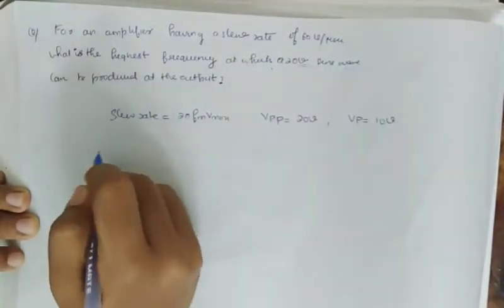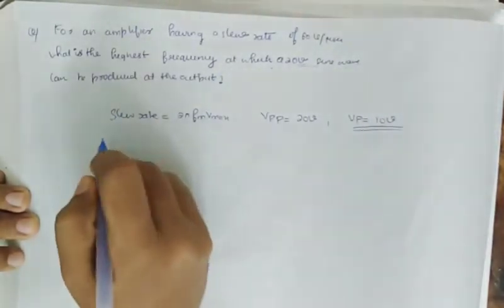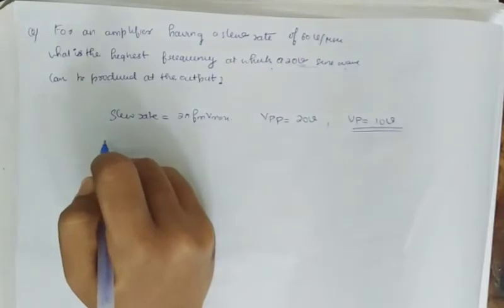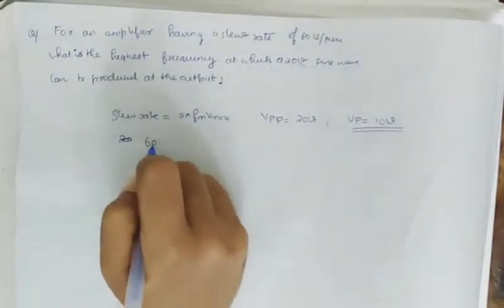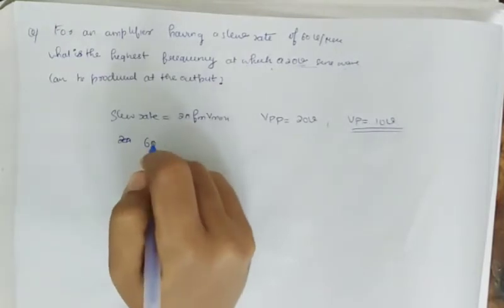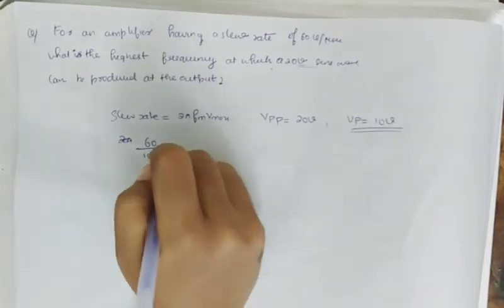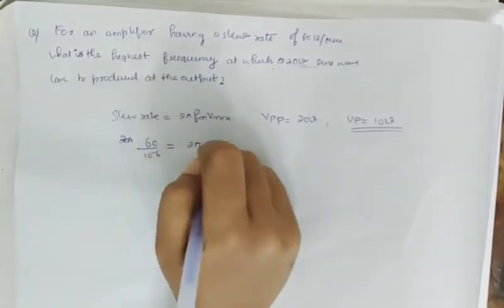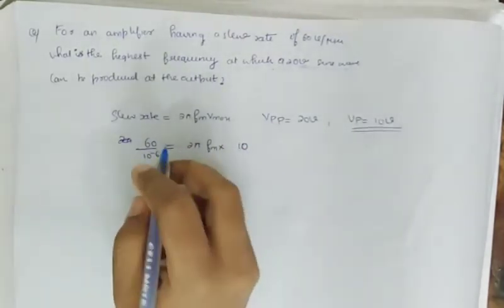This is our maximum amplitude. Slew rate is already given here, that is 60 divided by 10 raised to minus 6, that is microseconds, equal to 2 pi into Fm, which we have to find out, and Vmax is already given, that is 10.